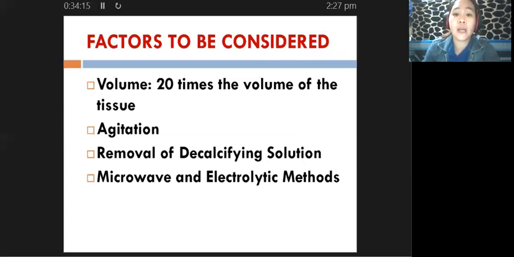The last one we have is the use of microwave and electrolytic methods. Of course, they will make the decalcification process faster. However, since you are introducing microwave and electricity into your setup, a consequence of these methods would be the production of heat.